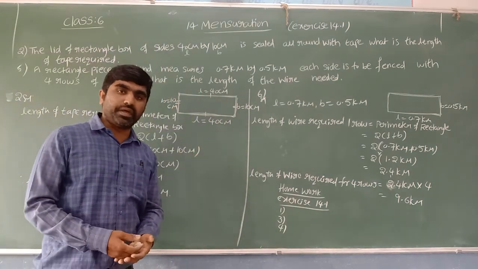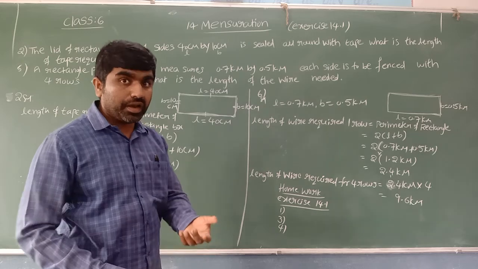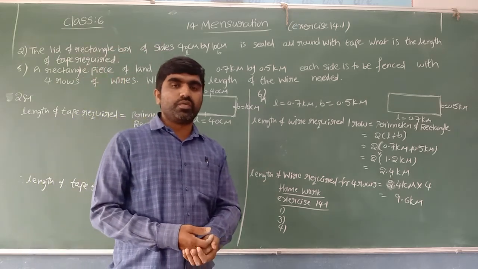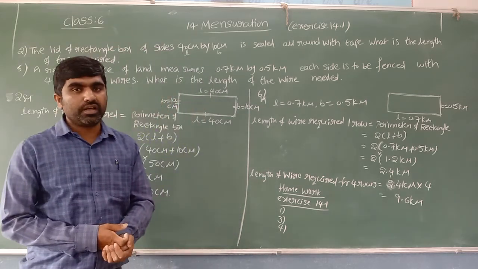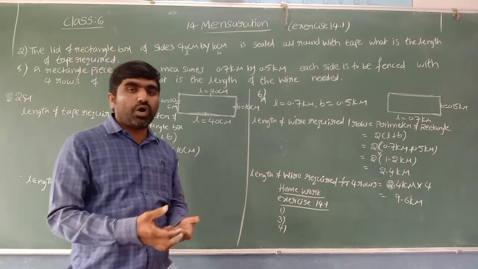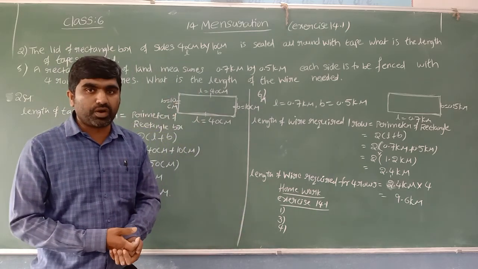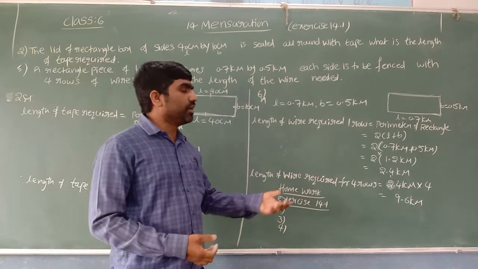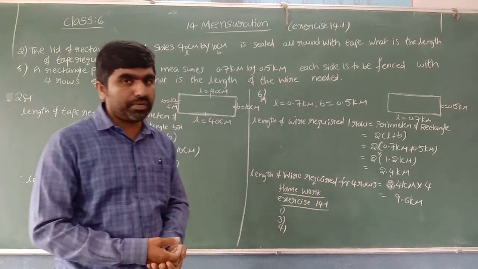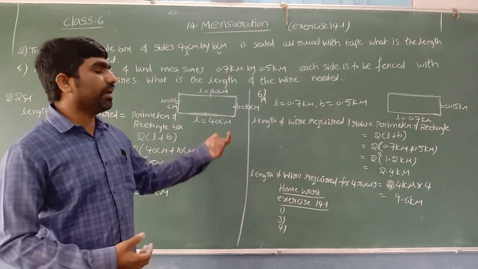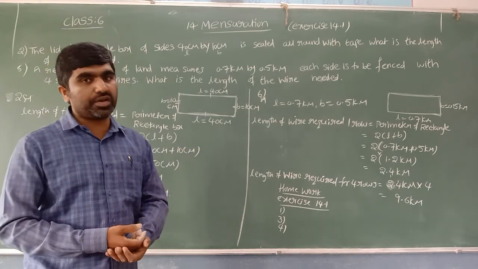And also we learned regular polygons. What is meant by a regular polygon? A polygon in which all the sides are equal and all the angles are equal is called a regular polygon. And also we learned some formulae to find the perimeter and area of a square and rectangle. Hope this concept is clear to everyone.